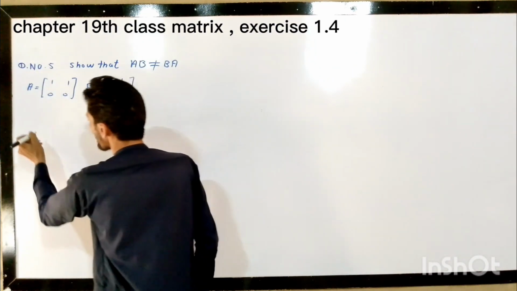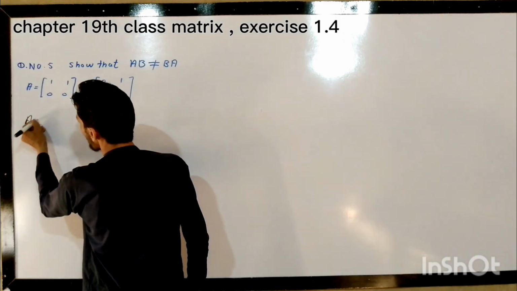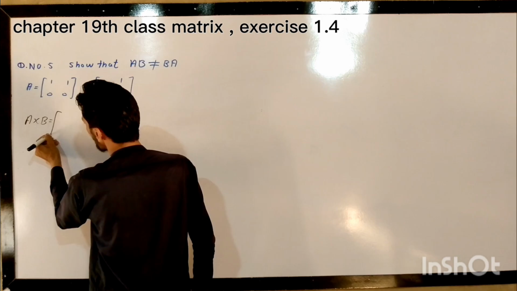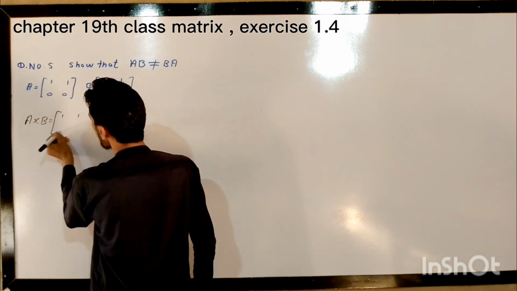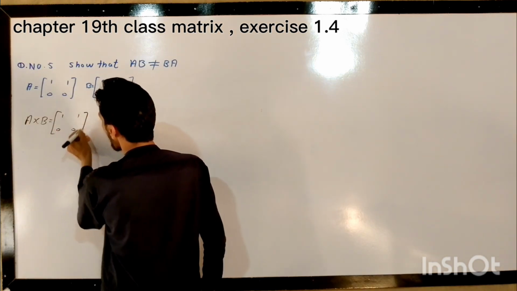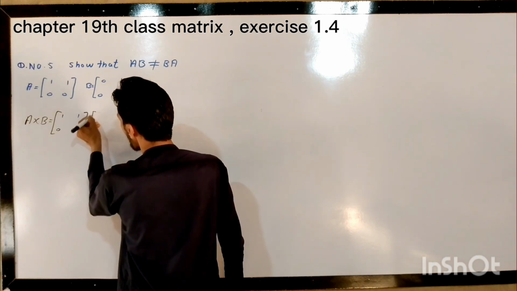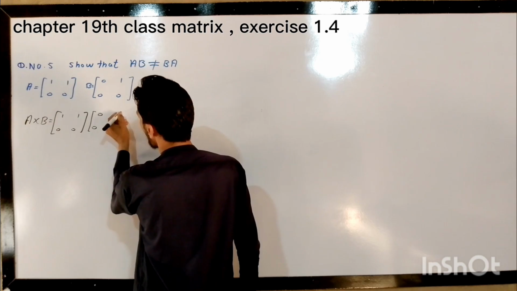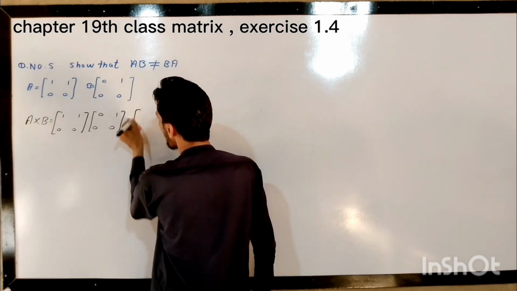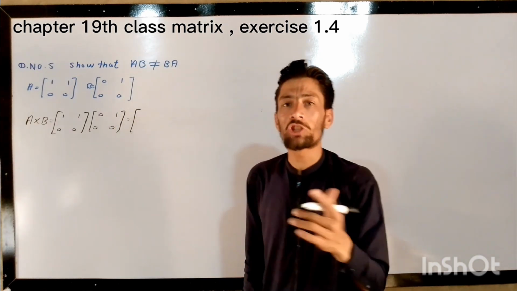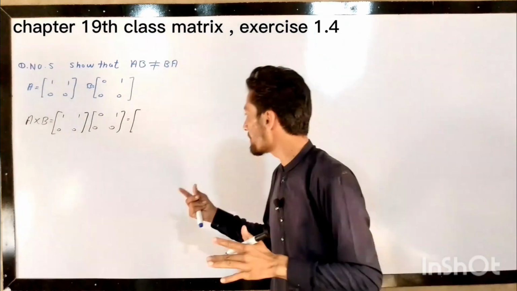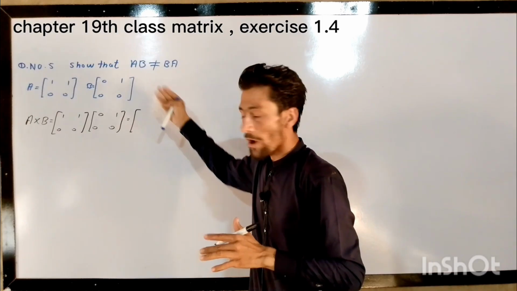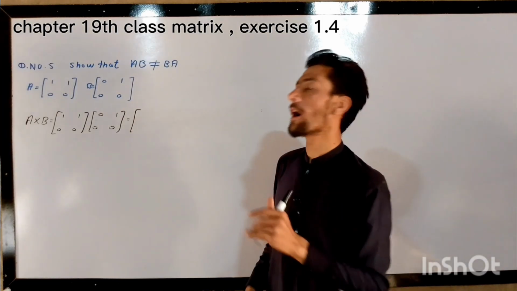Okay, matrix A cross matrix B will be equal to 1 1 0 0. On the other hand, matrix B will be 0 1 0 0. Okay, let's multiply and check the result whether B cross A is equal to A cross B or not.